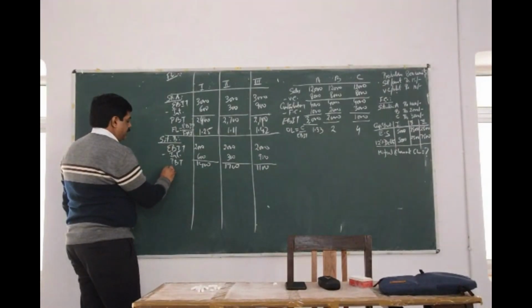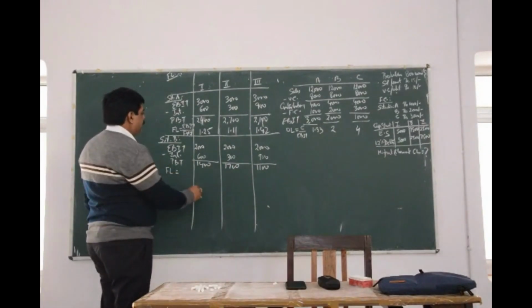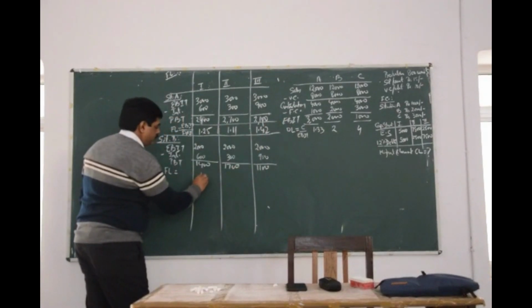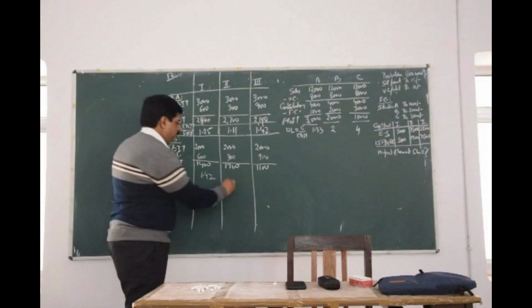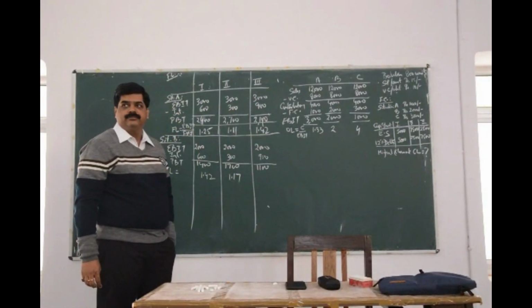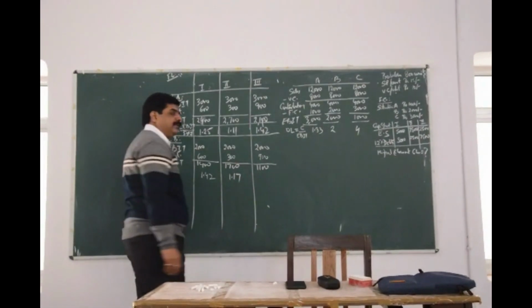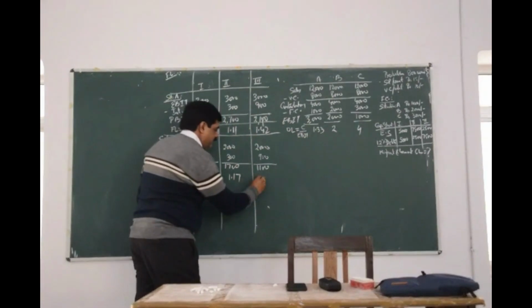That means financial leverage. What will be financial leverage? 2,000 divided by 1,400, 1.42. In the second case, 1.17. Third case, 2,000 divided by 1,100, 1.81.